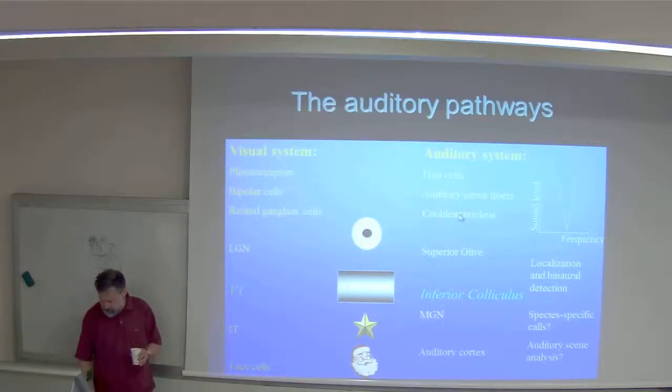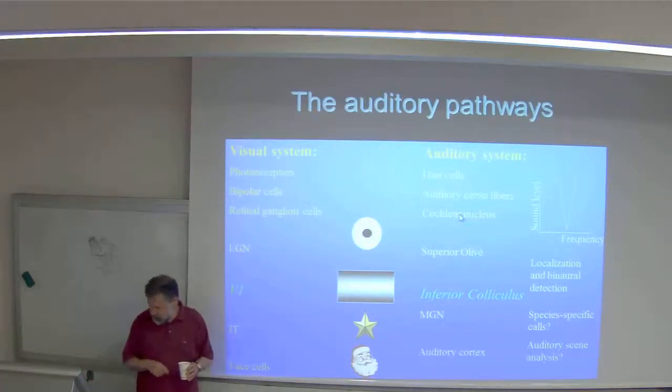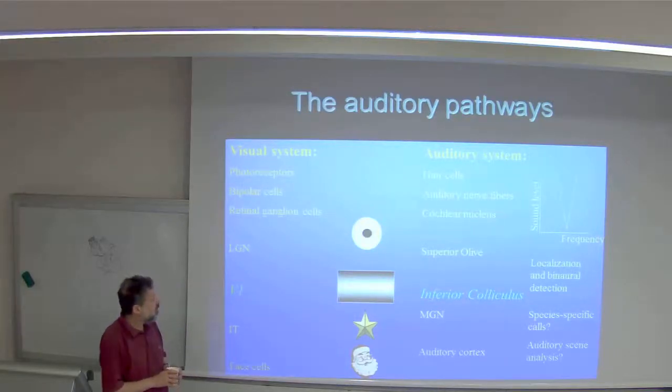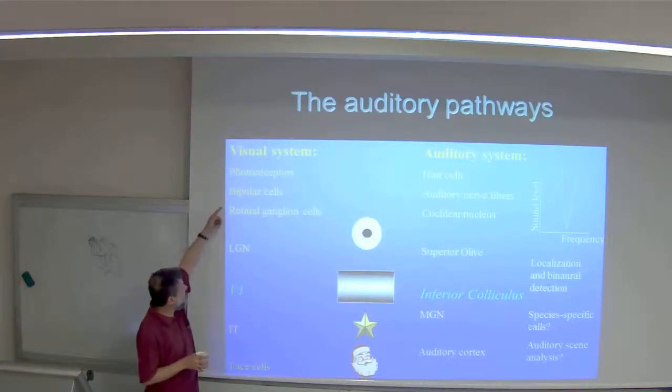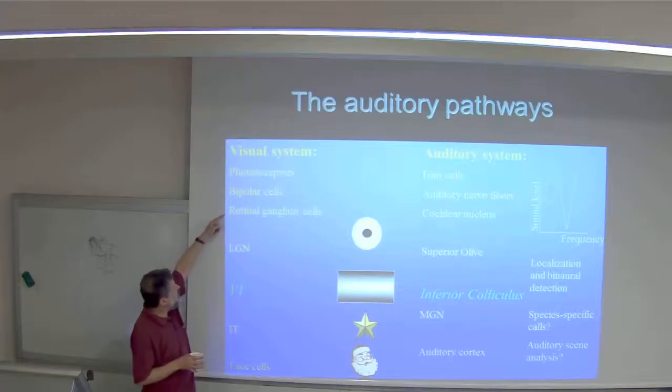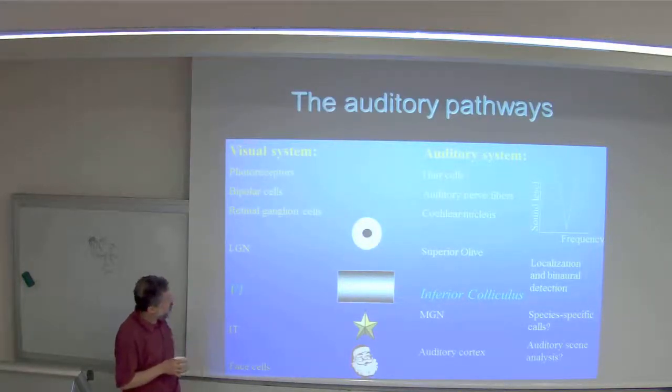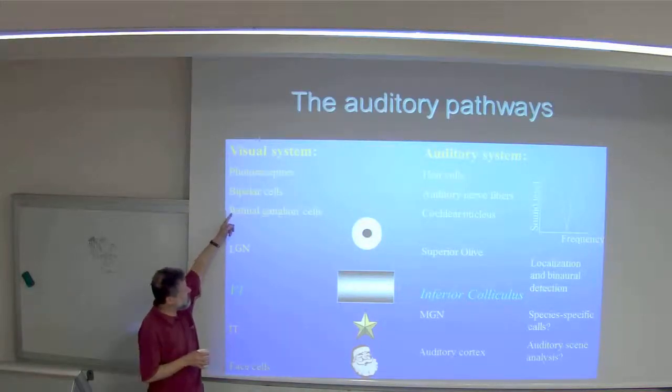And then we have the first central nervous system bit of the auditory system, which is the cochlear nucleus. You will see that in the visual system there's actually quite a lot of processing done in the retina itself, and in fact the third order neurons in the visual system are the retinal ganglion cells.